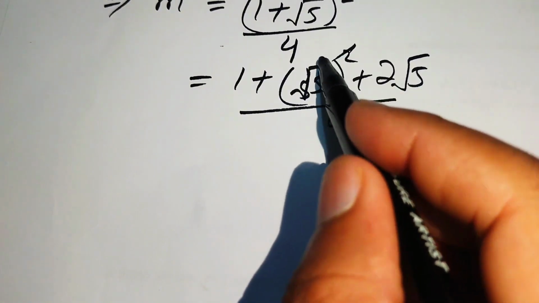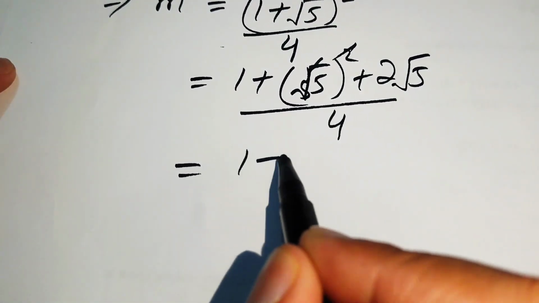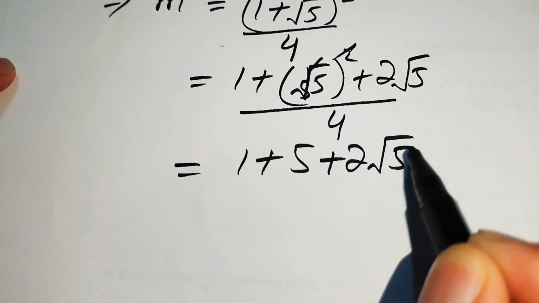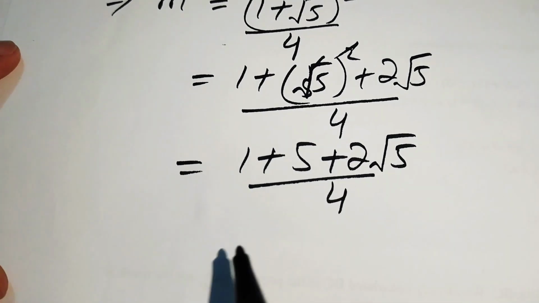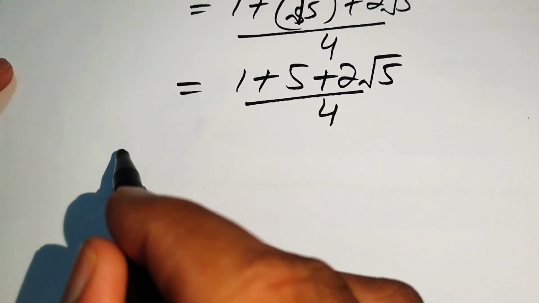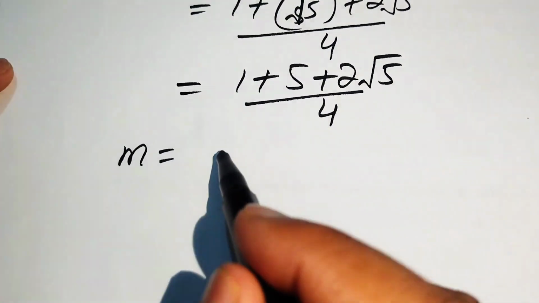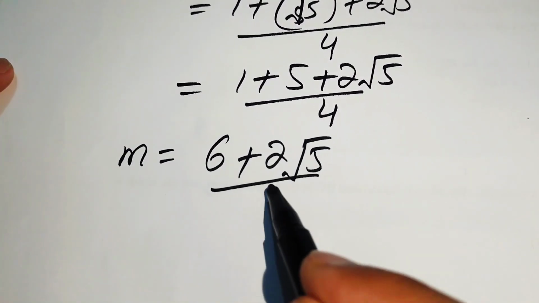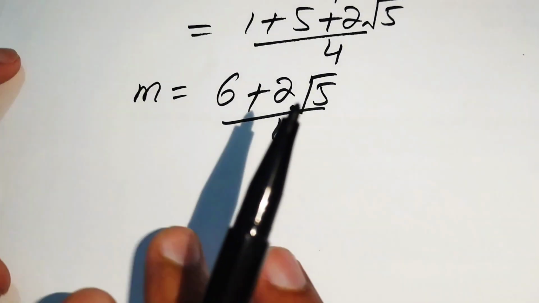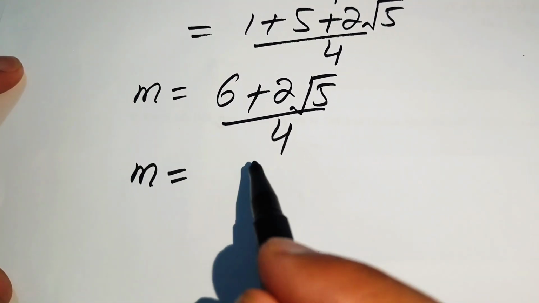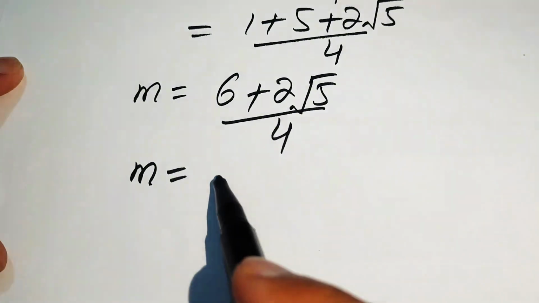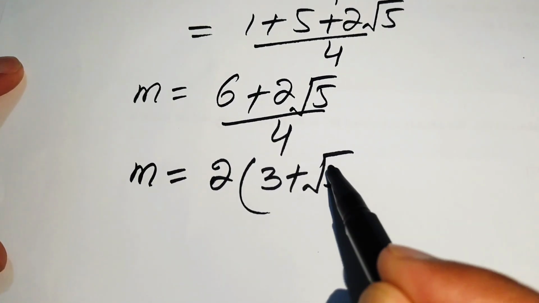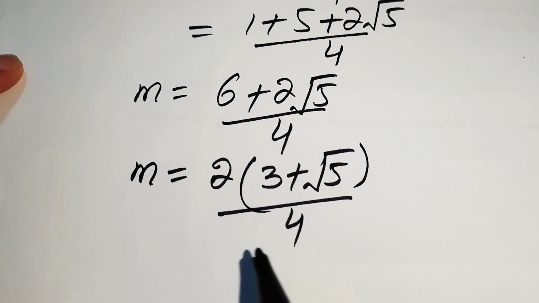So here we get 1 plus 5 plus 2 times square root of 5 divided by 4. So here you get m equals 5 plus 1 becomes 6 plus 2 times square root of 5 divided by 4. Here we need to take 2 common, and you get 3 plus square root of 5 divided by 4.